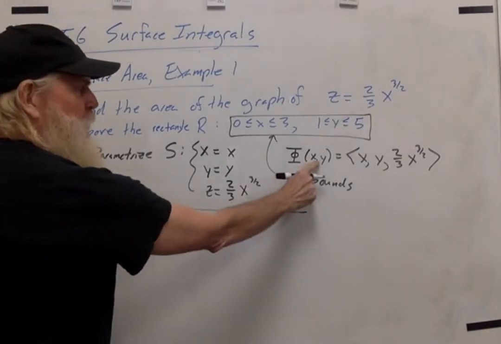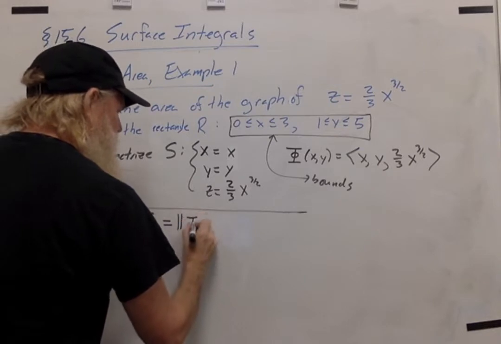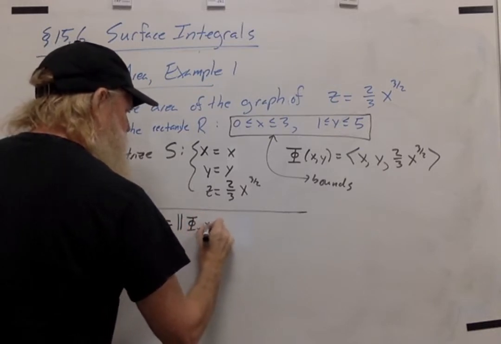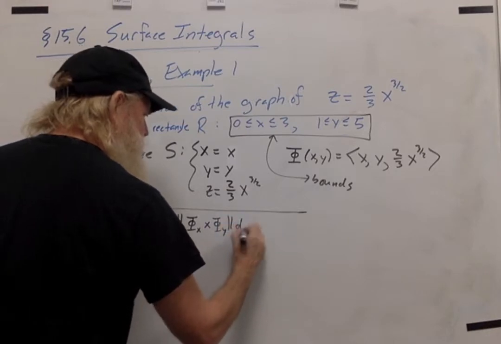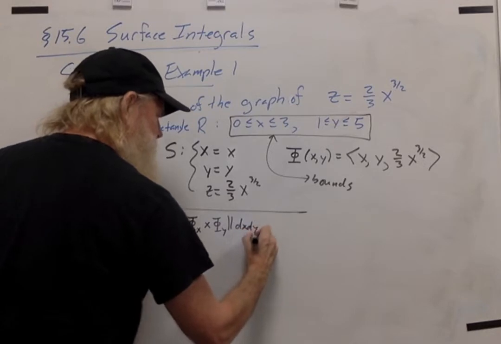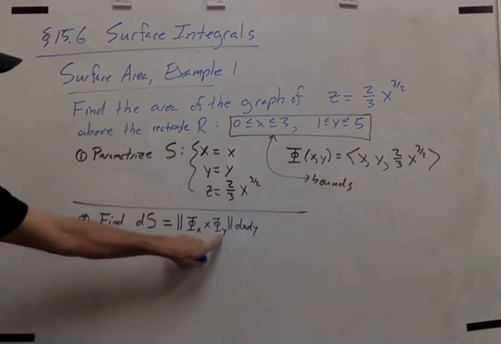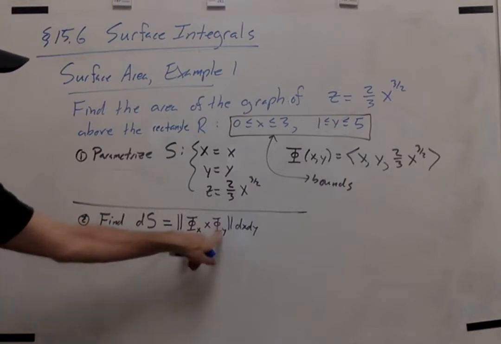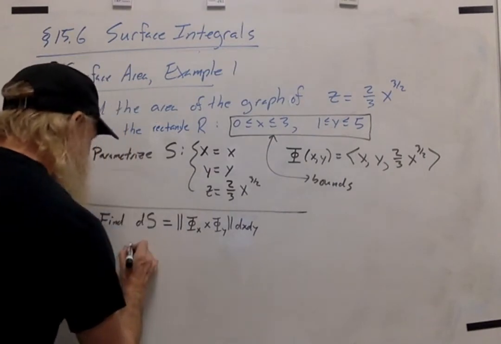Since my parameters are x and y here, the formula will be the length of d phi dx crossed with d phi dy, dA, which is dx dy. So we need to differentiate phi with respect to x and y, take the cross product, and take the magnitude of that cross product. So several steps.